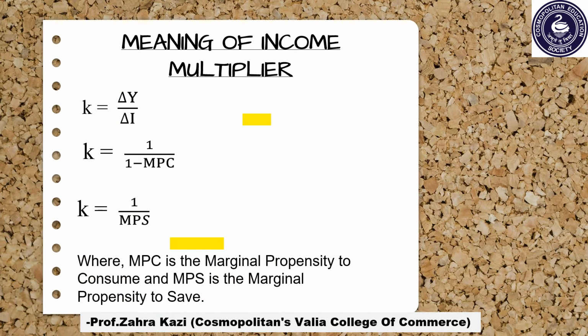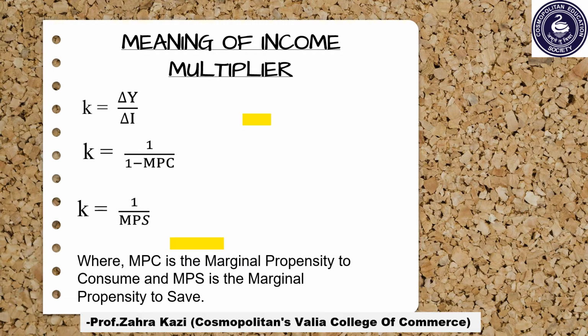Students, we already know multiplier is the ratio of final change in income to the initial change in investment, that is delta Y to delta I. Now the multiplier is determined by MPC, that is marginal propensity to consume. The relationship between MPC and investment multiplier is shown by the formula K, that is multiplier, is equal to 1 upon 1 minus MPC.